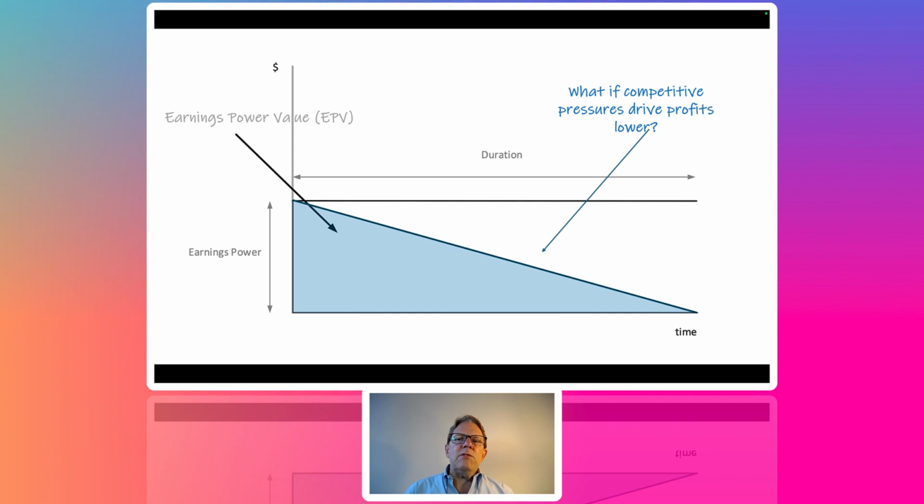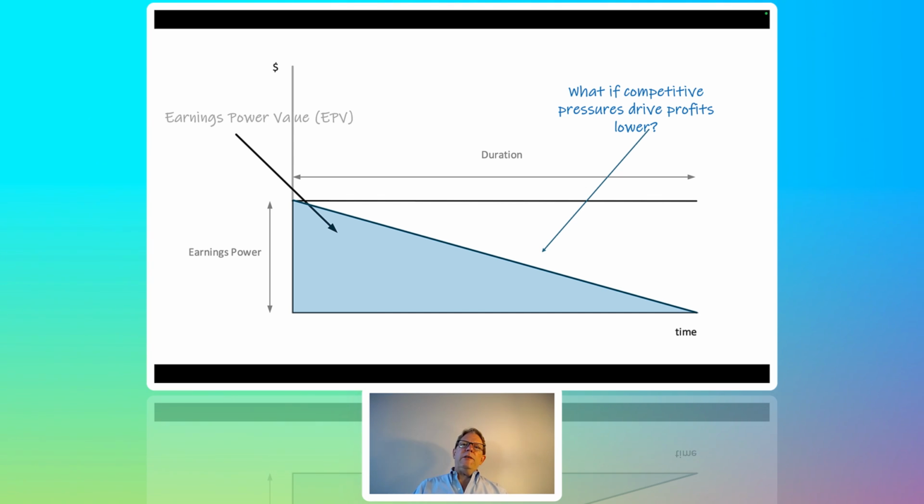But if that positive NOPAT is going to attract competition and they'll drive down that level of profitability, I no longer can assume steady state. NOPAT 1 and NOPAT 2 and NOPAT 3 don't equal each other. In fact, future NOPAT's going to be lower because of those competitive pressures. I no longer have a steady state stream of cash flows. I no longer can use that perpetuity formula.